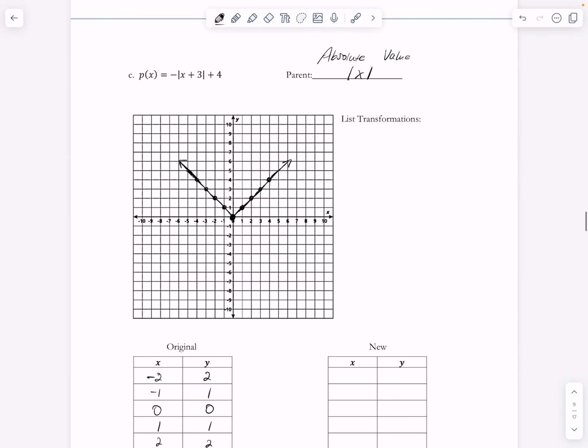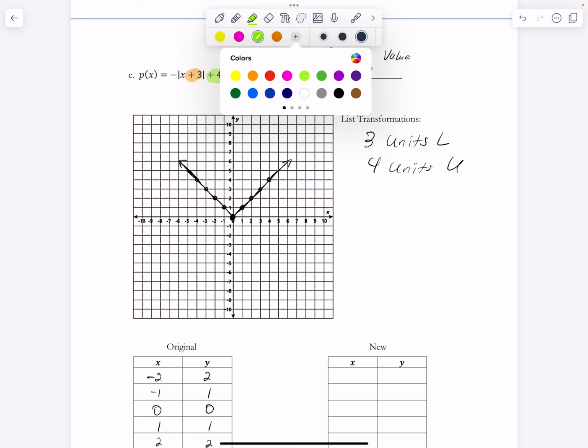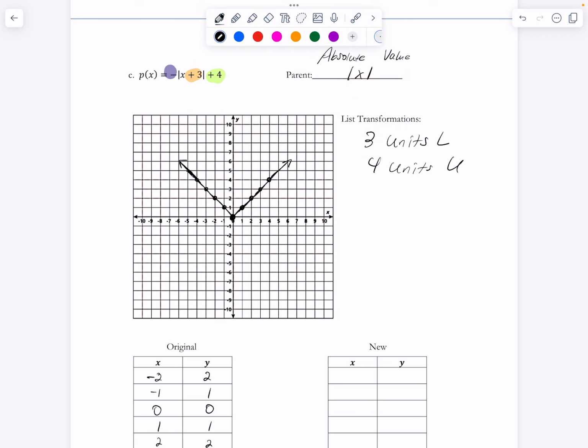Now, how are we transforming this? In terms of what I see, the +3 inside, so that's going to be 3 units left. Remember, think opposite inside. Then I'm going to look outside. That's 4 units up. And then after I do that, the last thing I see, and this is the first time we've had this, in the front, I see that negative sign.